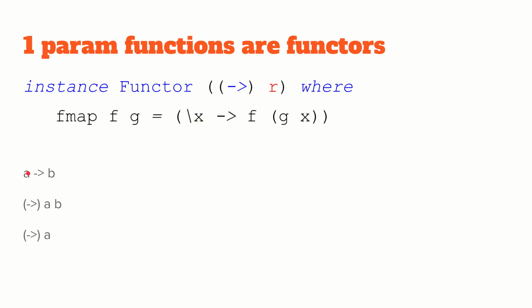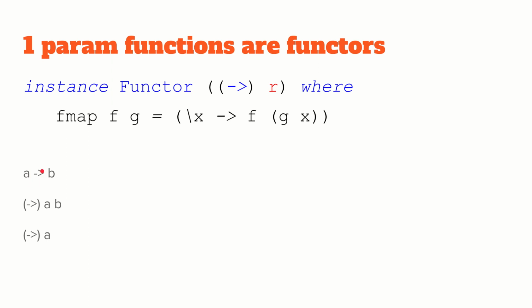So we have our parameter, the result of our function, and the function definition. This here is a type-level operator, like star for multiply, plus for addition, and this just says that we have a function.